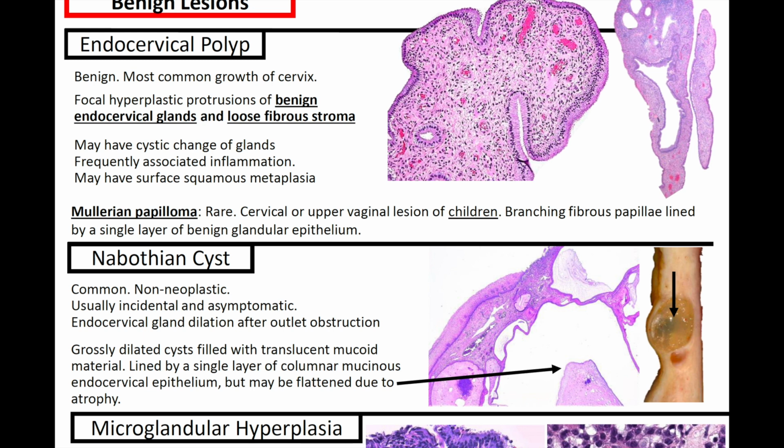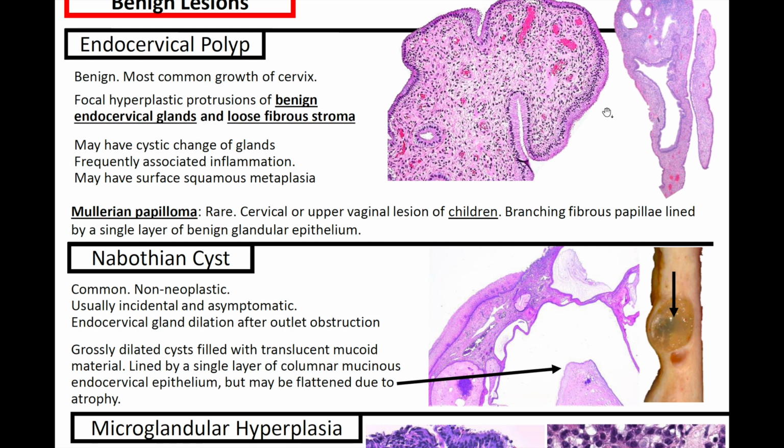So some benign lesions. First up, we have a very common one for surgical pathology sign-outs: endocervical polyps. This is benign. It's the most common growth of the cervix with focal hyperplastic protrusions of benign endocervical glands and loose fibrous stroma, as shown here in this image. You can see the polypoid structure, with cystic dilation.